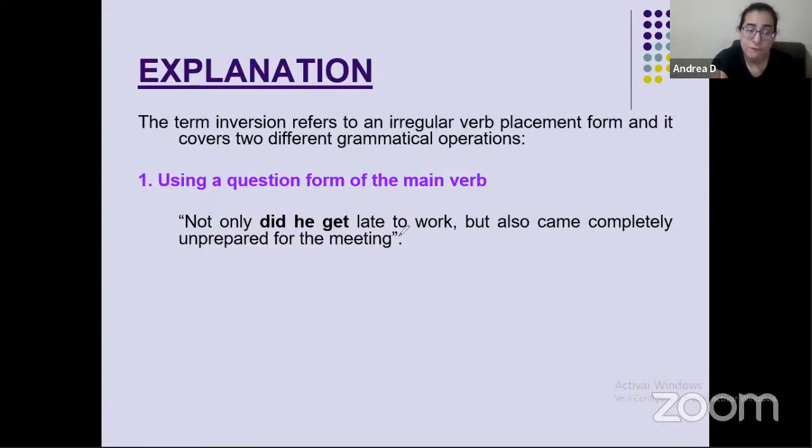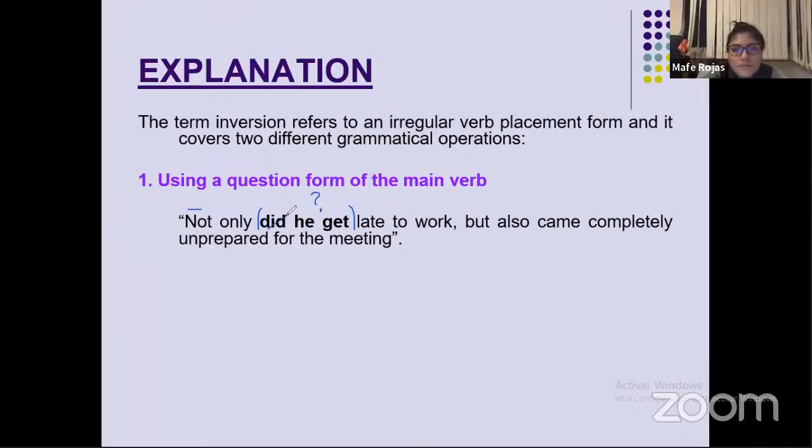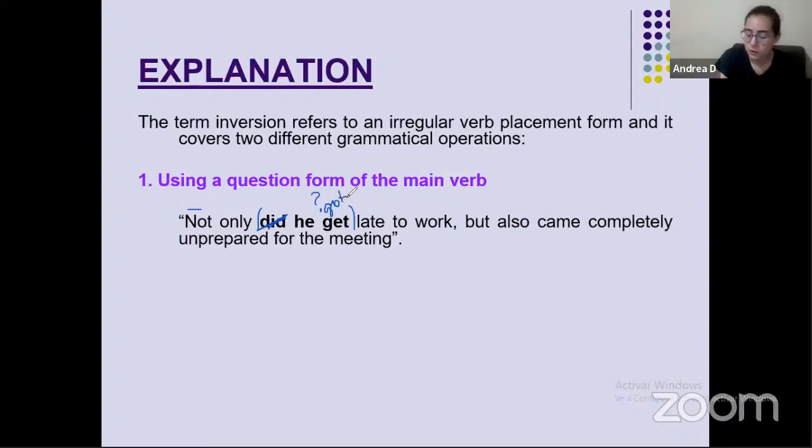It's an implied negative sentence, but it's a sentence. But here you're using the form of a question, right? "Did he get late to work?" That's the order of a question, not the order of a sentence. You don't use auxiliaries when you have a sentence, and you would need to use "got," right? He got late to work, and also he came completely unprepared.